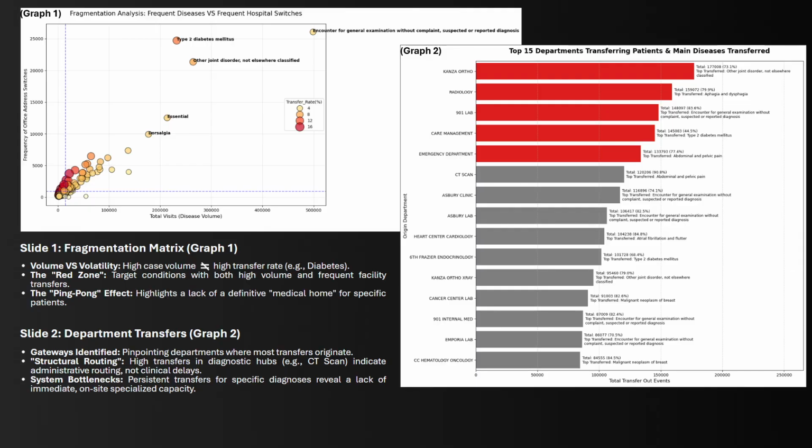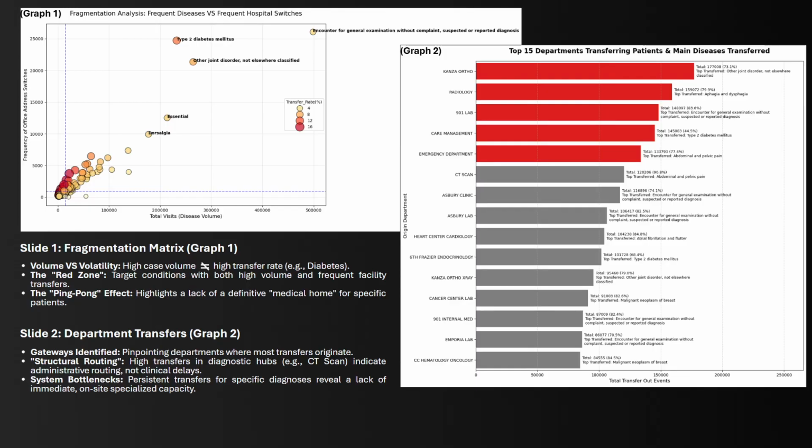On the right, we can see the departments with the highest number of patient transfers, units such as orthopedics, radiology, laboratories, and emergency departments dominate this list, reflecting their role as key connectors that support diagnostics, imaging, and initial patient triage. However, as we look deeper into the data, we notice an important anomaly.